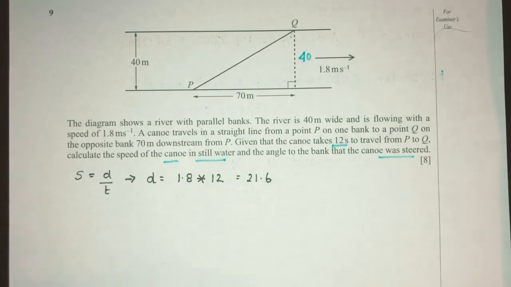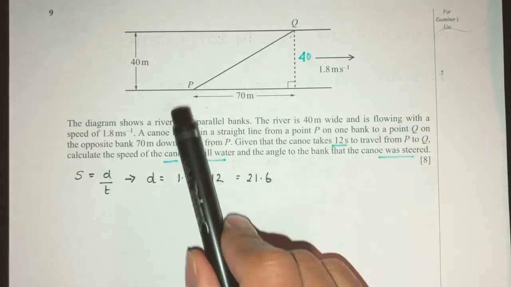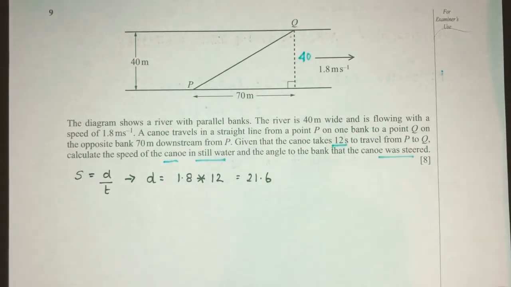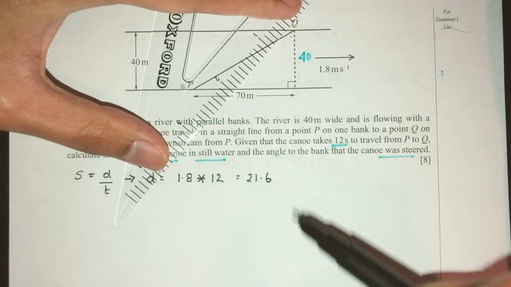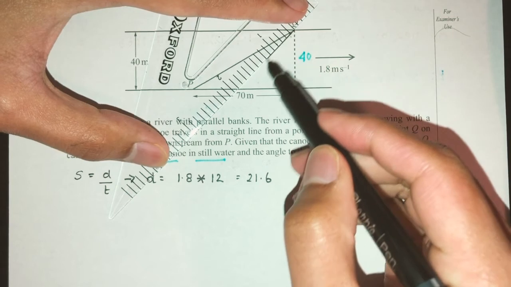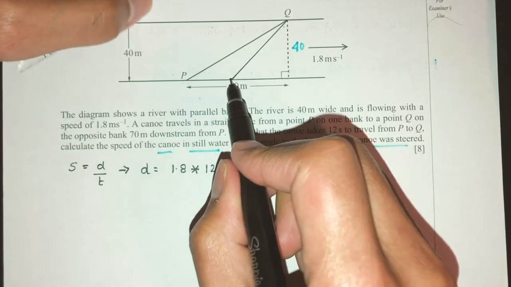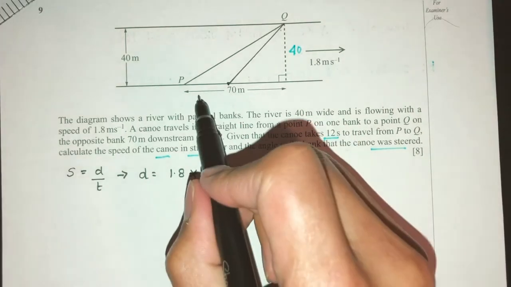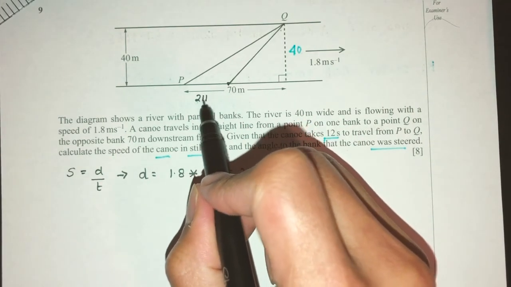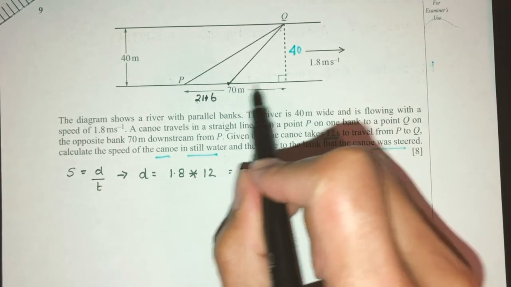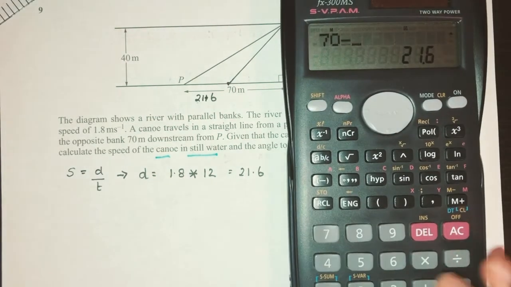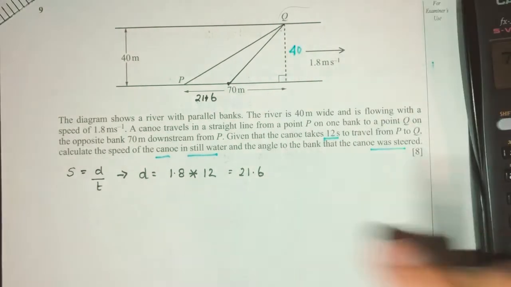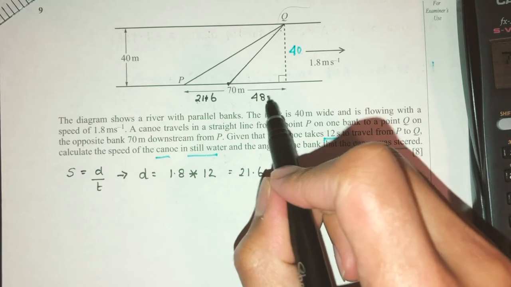So basically, by reaching this point, the boat was pushed to this point, which is 21.6 down this way. And what is this value here? 70 minus 21.6, that will be 48.4.